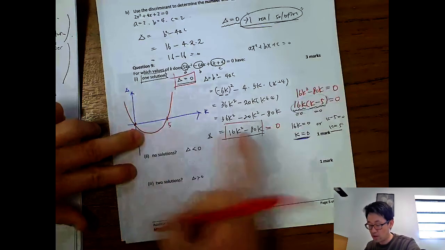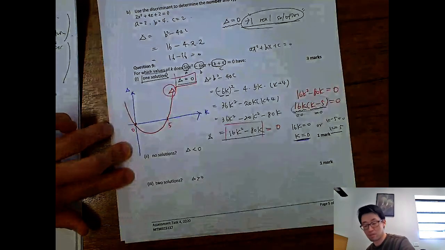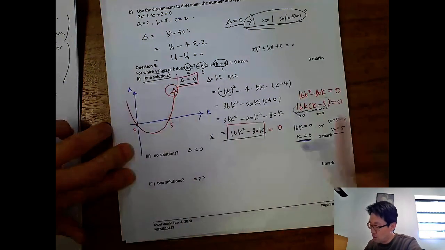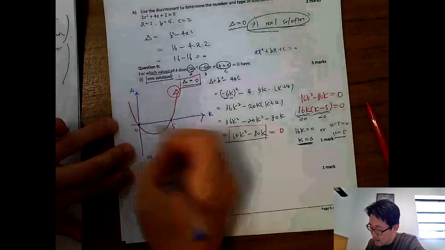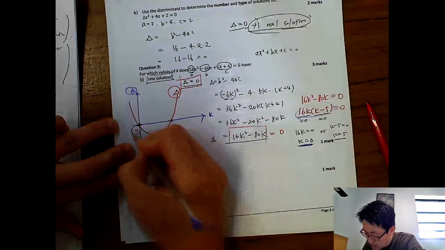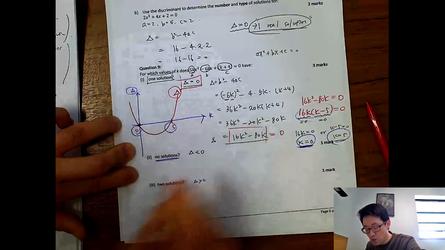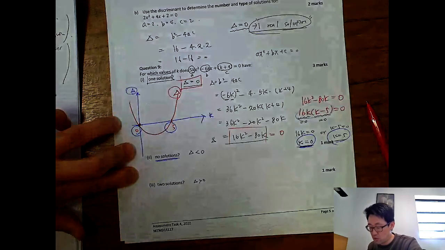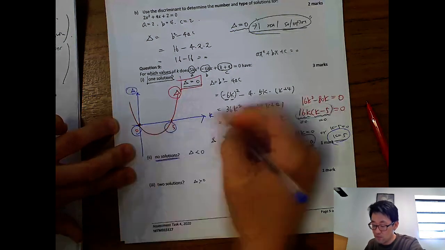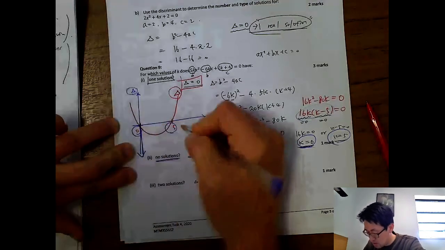This is the discriminant, a relationship between k and discriminant. All I need to do is, when discriminant equals 0, k is 0 and 5, good? No solution, when discriminant is smaller than 0.